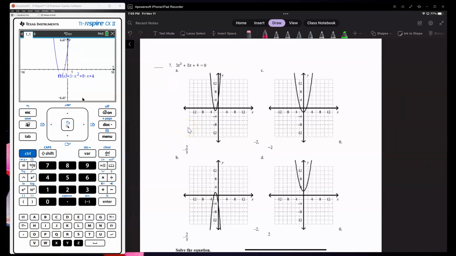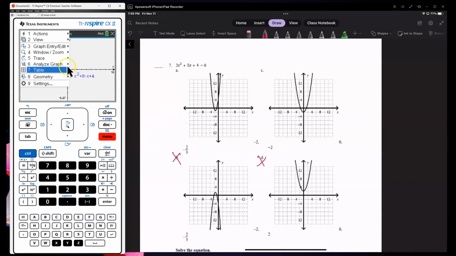Okay, I'm going to go ahead and solve this by graphing. We're going to eliminate B since it's opening downwards. And we can also eliminate D since the y-intercept is different. And so it appears to be A, but let's go ahead and find the intersections, or the zeros. It's negative 2 and negative 2/3.